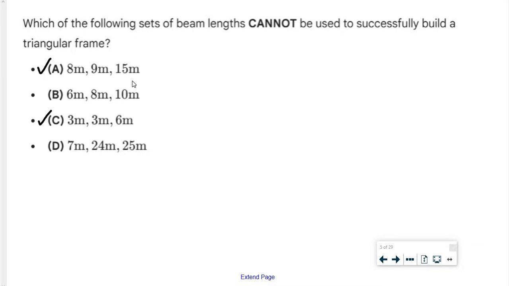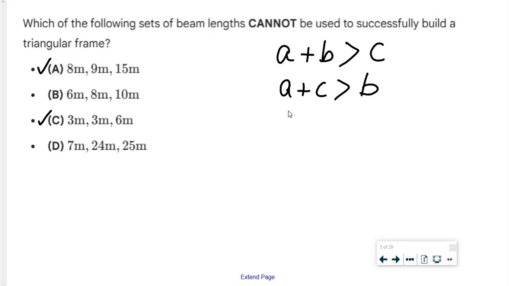Three sides are said to be the sides of a triangle if they satisfy the condition: A plus B should be bigger than C, A plus C should be bigger than B, and B plus C should be bigger than A. Where do we get this A, B, and C? We simply label the first length A, this is B, that is C.